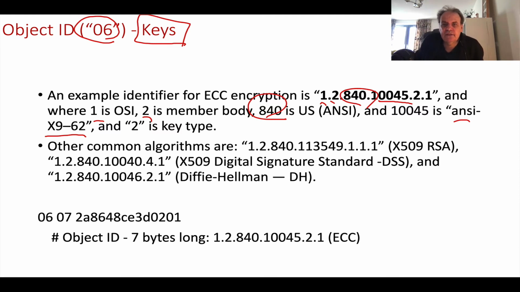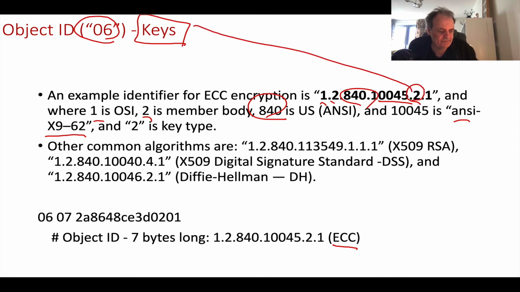So in this case, ANSI X962 relates to an elliptic curve method. And if we have a 2 here, it identifies the keys; these are keys that we're going to identify after this object.